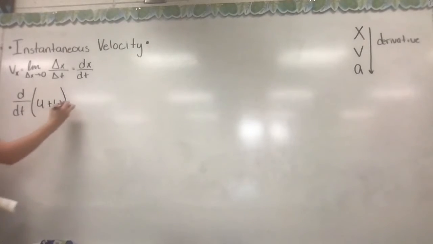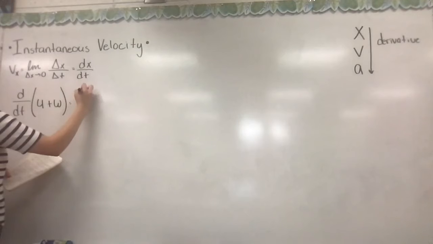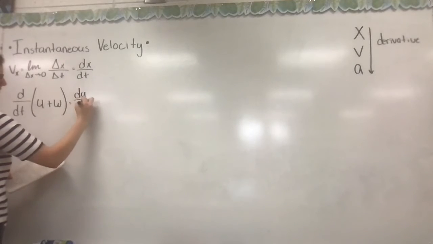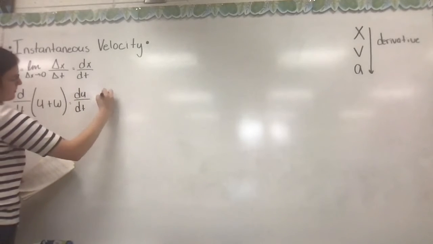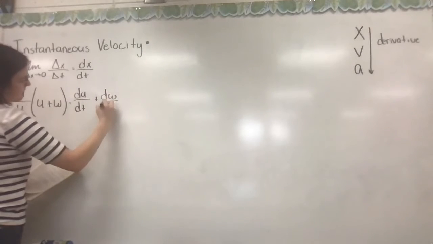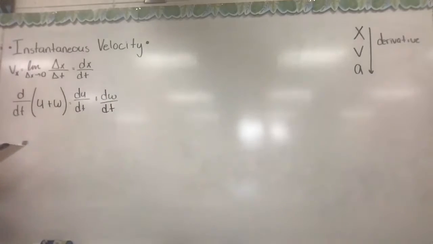When you do that, you take the derivative of both separately. So you would take the derivative of the u function with respect to t, and then the derivative of the w function with respect to t. And we will be doing an example of that too, yes.